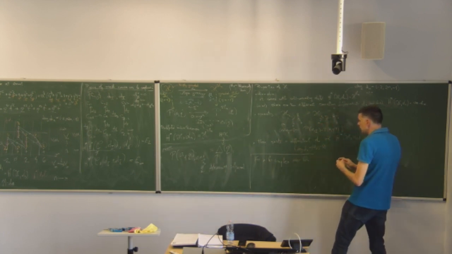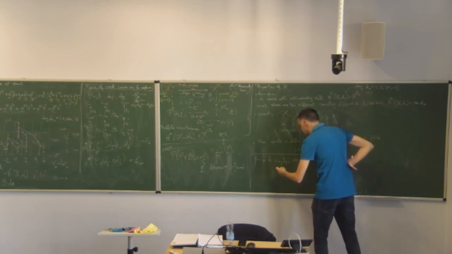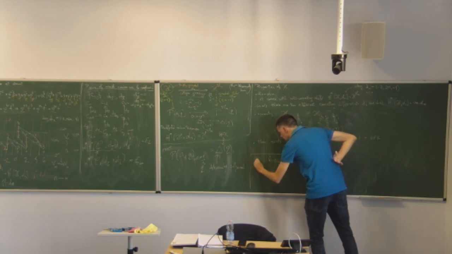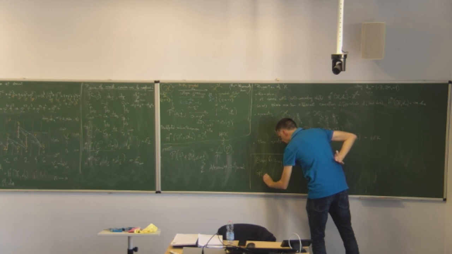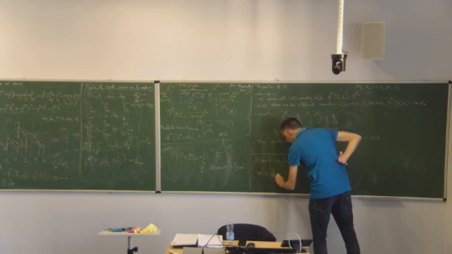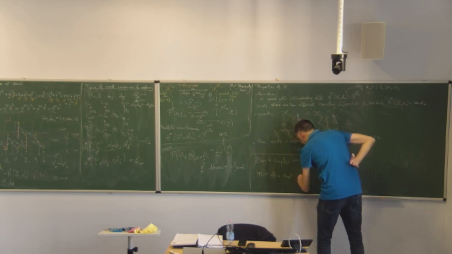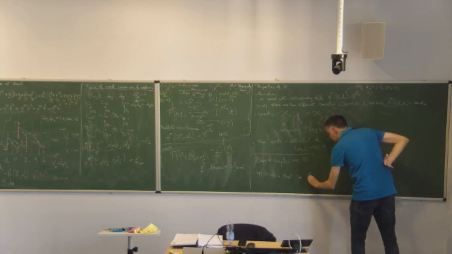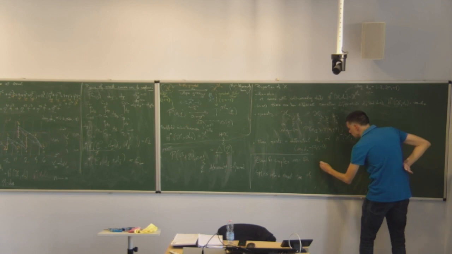Every bicomplex splits into a direct sum of some pieces, and the pieces are of this form. So they are either zigzags going this way.